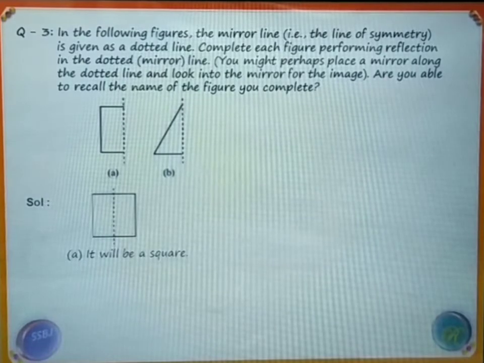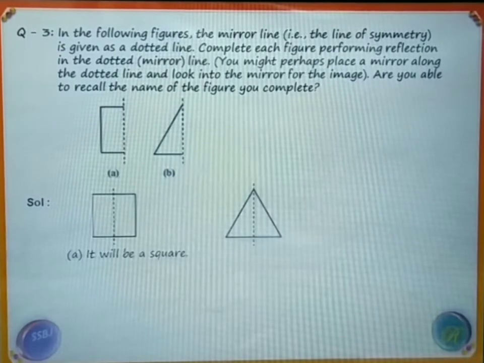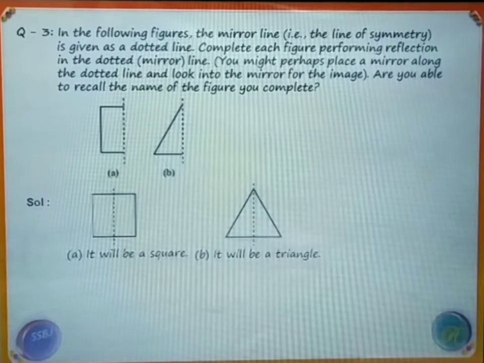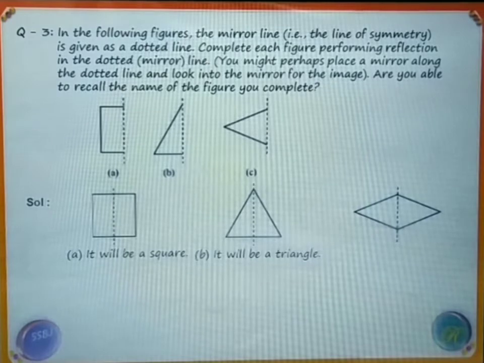B. You can get the mirror image of the other part. So whatever figure you are going to get, it will be a triangle. C. Yes, it will be a rhombus.